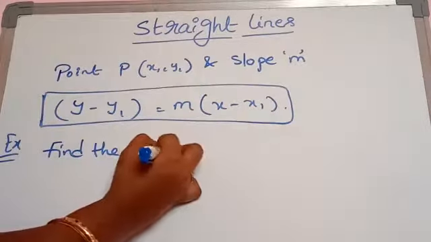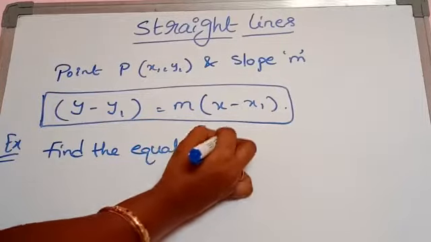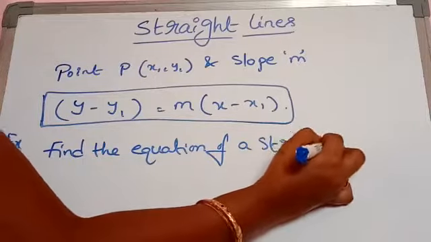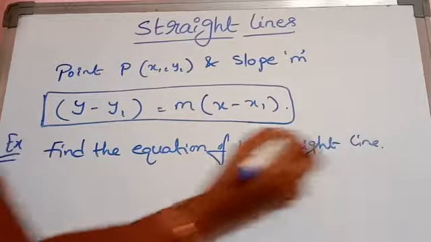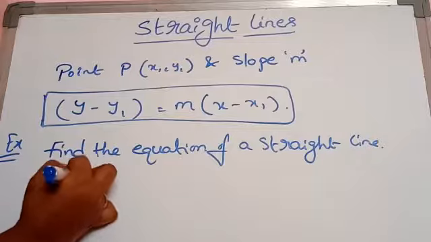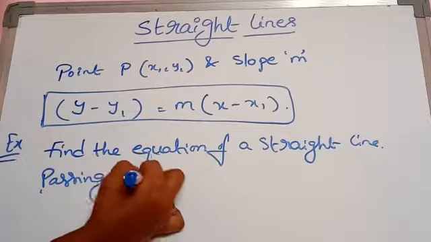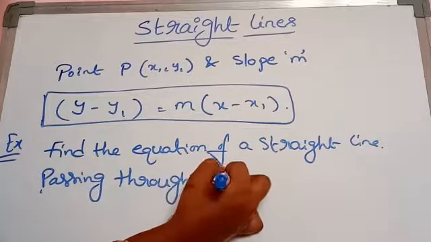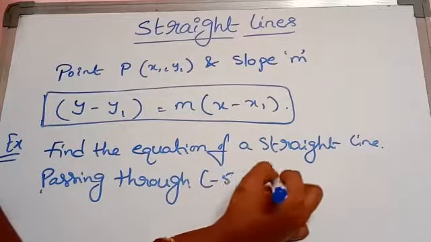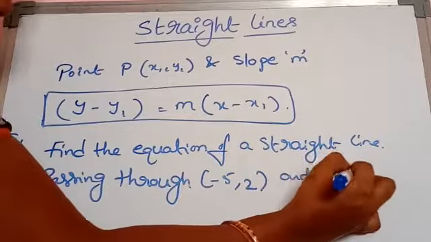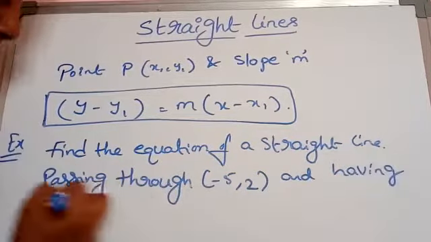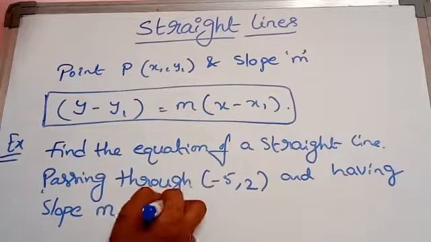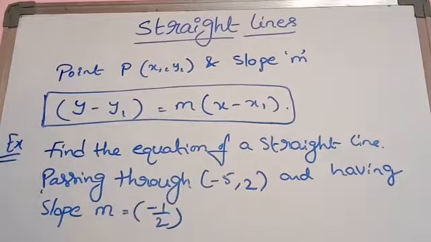Find the equation of a straight line passing through -5, 2 and having slope m equal to -1/2.